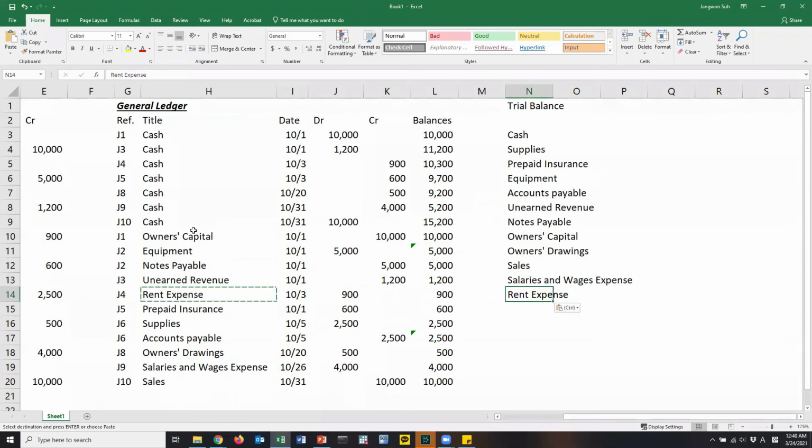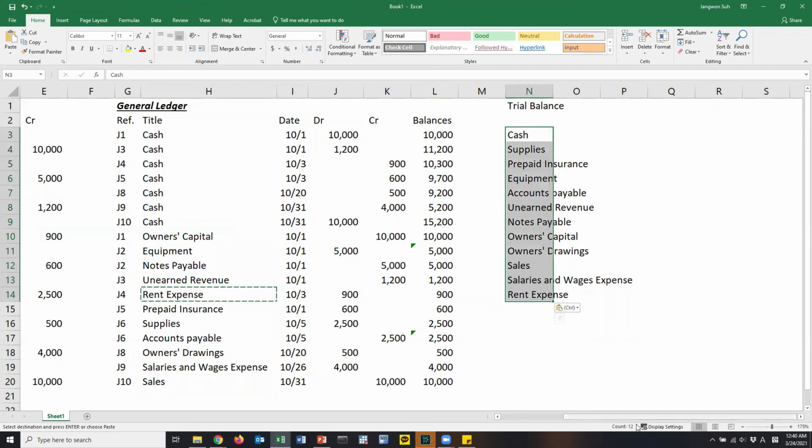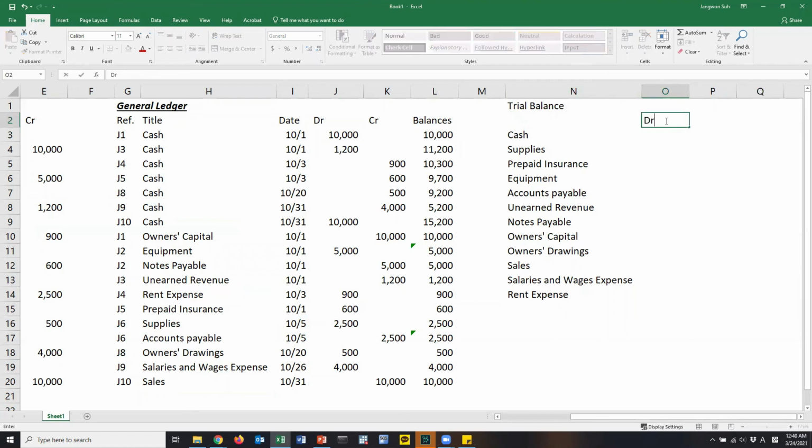Okay, I think we have all of them. How many? 12 of them, right? Okay, excellent. Then let's write ending balances of debit sides here and credit sides here.